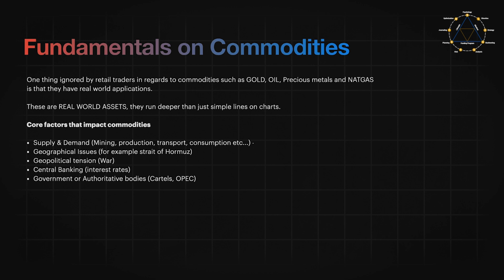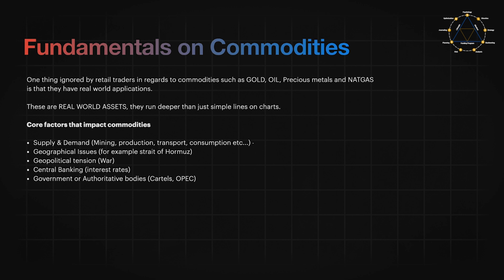So some of the core factors that impact commodities directly is, again, the main one, supply and demand, which is mining, production, manufacturing, transport, consumption. After this, you can have geographical issues, for example, the Strait of Hormuz. After this, you have geopolitical tension, which is war.